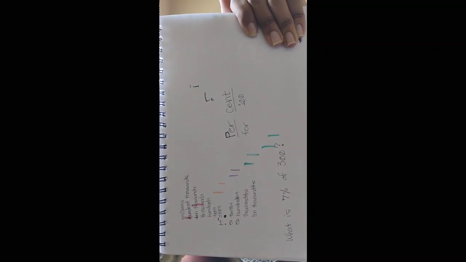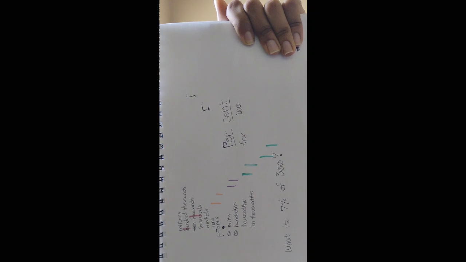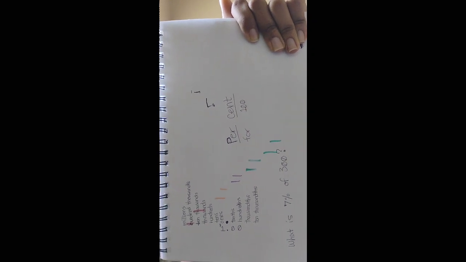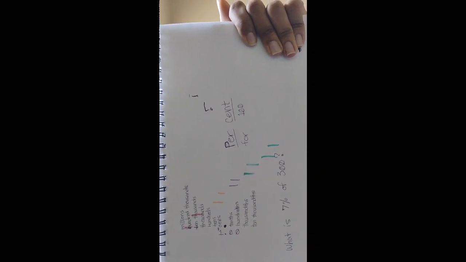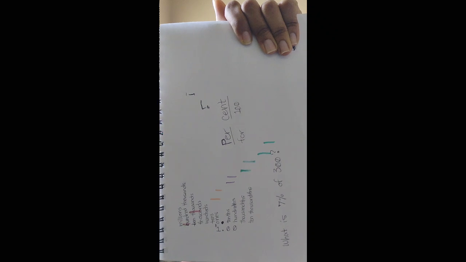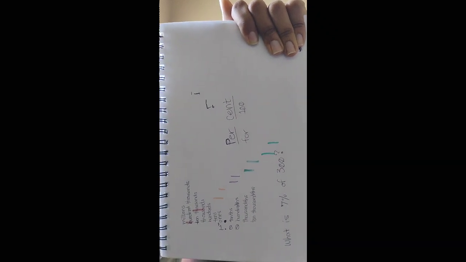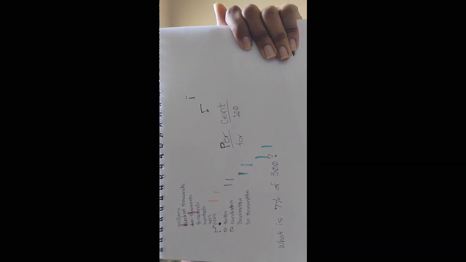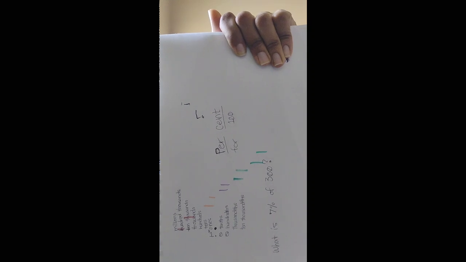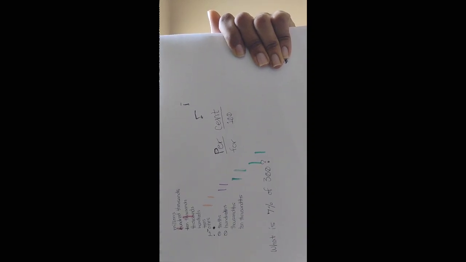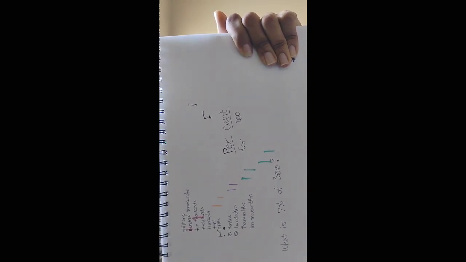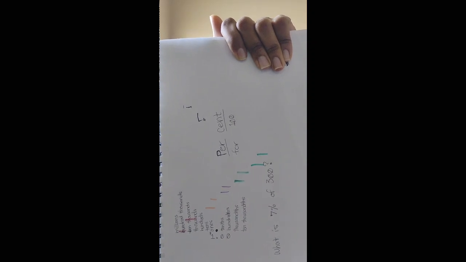Okay, so you see the decimal point, right? He said it is per 100. Hundreds is to the left of the decimal point, right? So that's not correct.